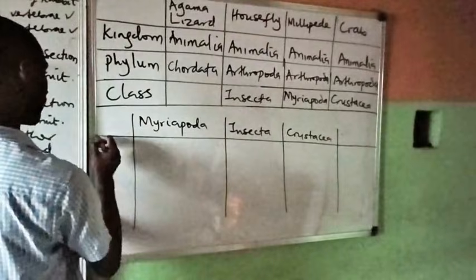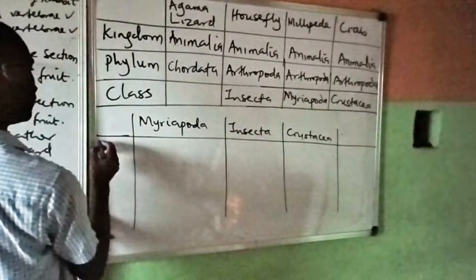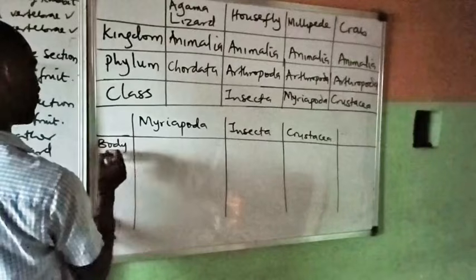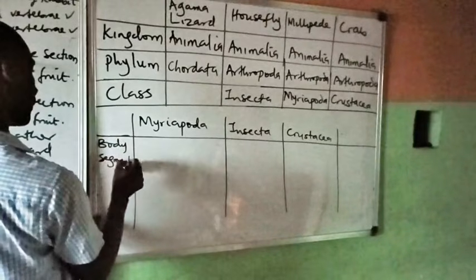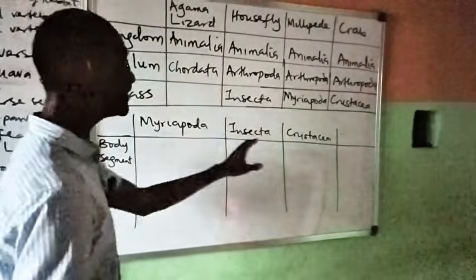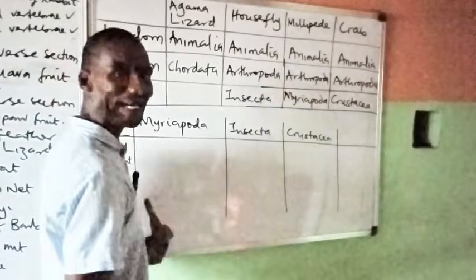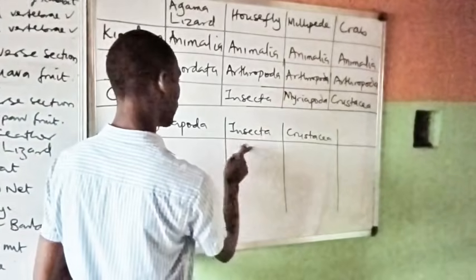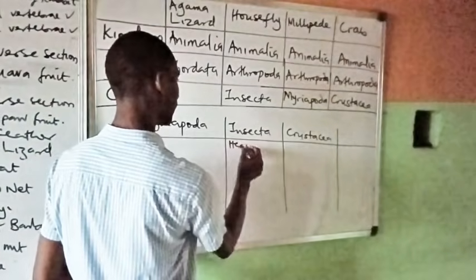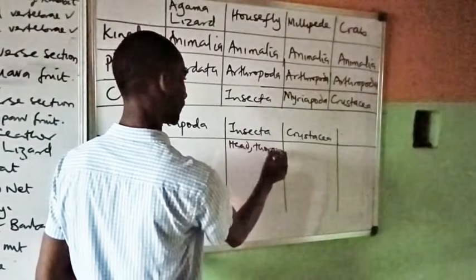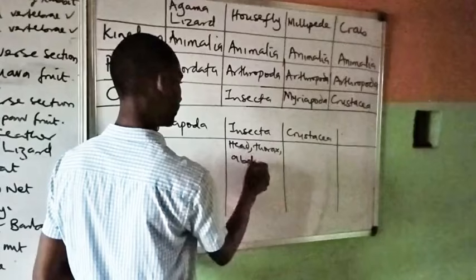Some of their differences. Now, body segments. For insecta, they have 3 body segments: the head, the thorax, and the abdomen. So they have 3, which is the head, the thorax, the abdomen.